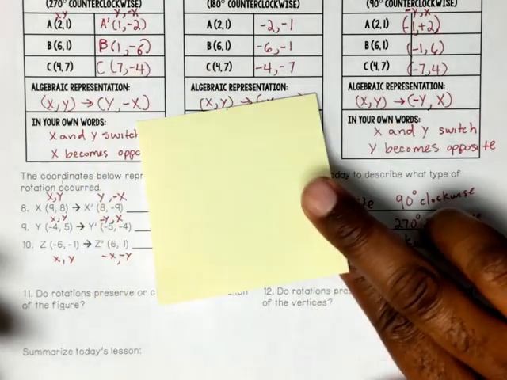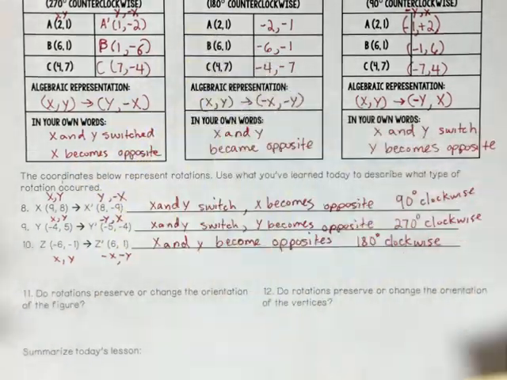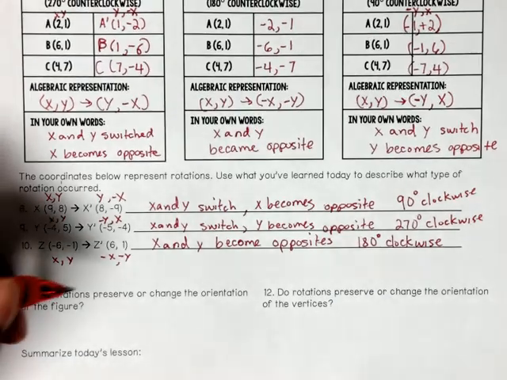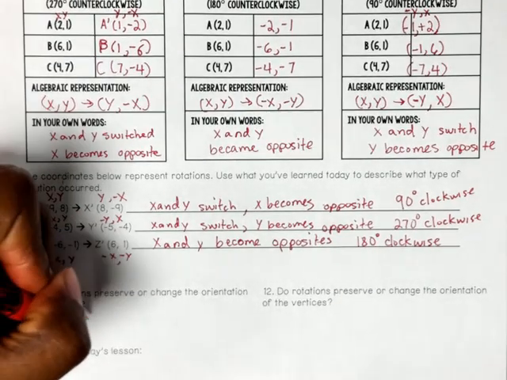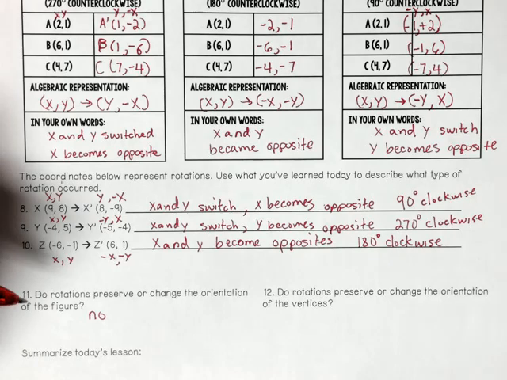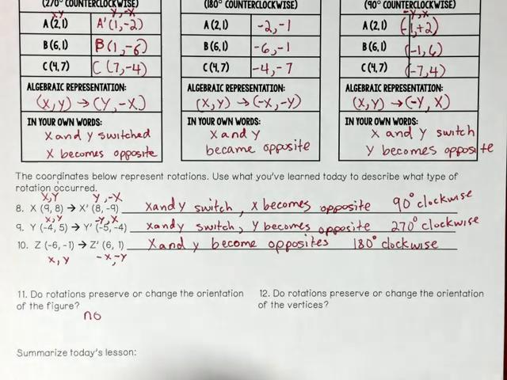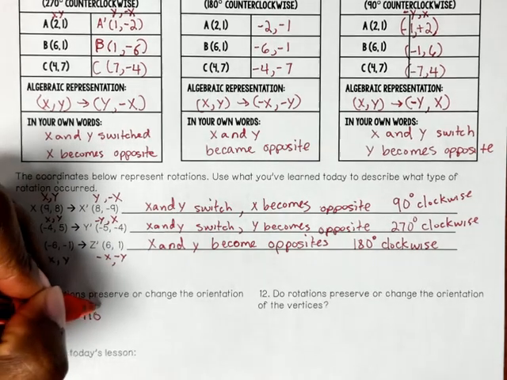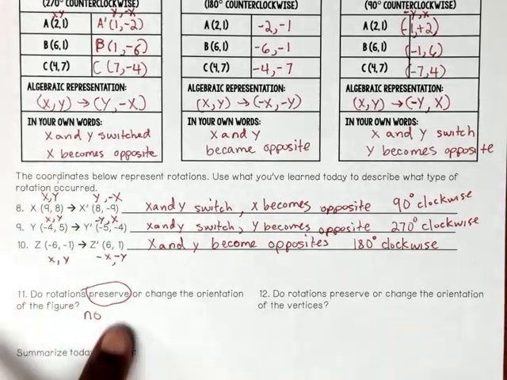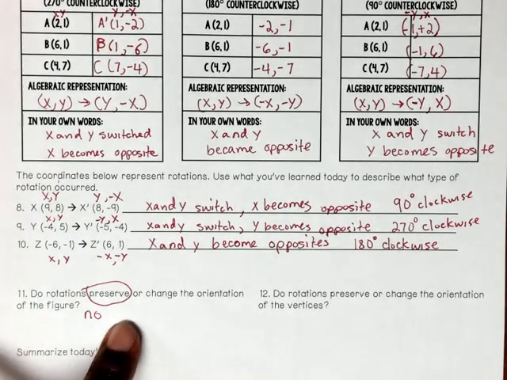Well, we've seen on our paper that rotations do not do that. So we're going to say no. But the last question, number 12, do they preserve or change the orientation of the figure? So we're going to go with preserve and circle that for this one. Sorry, I forgot. It preserves the orientation of the figure.